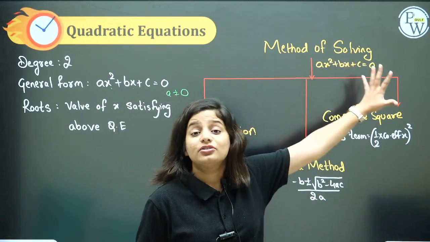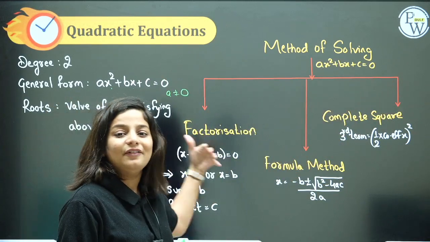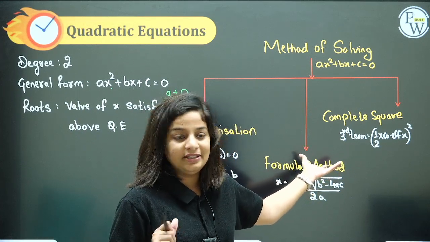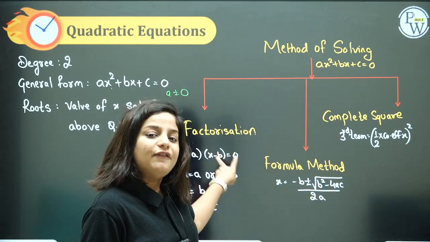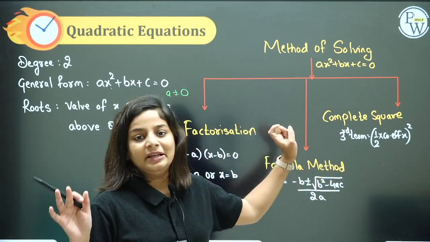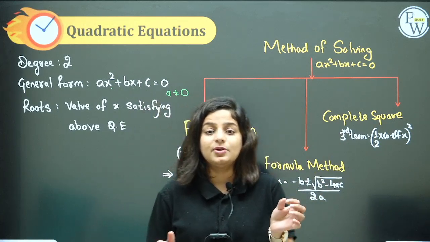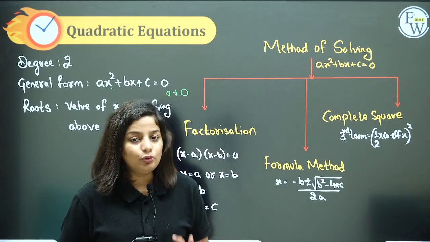What are the 3 methods of solving quadratic equation? Factorization, your favorite method, then formula method, also called Sridharacharya formula method, and complete square method. 3 methods, right? The first 2 methods probably you all know, but the third method was deleted from the CBSE syllabus because of COVID, Corona, and maybe few of you don't know this method.